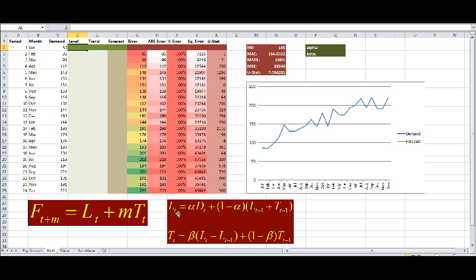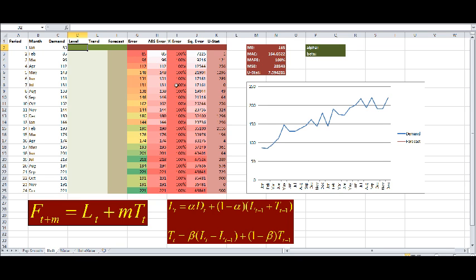So level is basically this formula here, and trend is the formula right below. And then after we have those values, we can put together our overall forecast. And I already left here the forecast accuracy measures and our overall measures. In this case, we have two constants. One is alpha and the other one is beta.